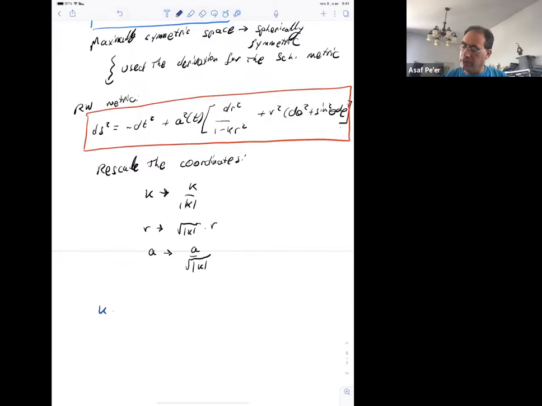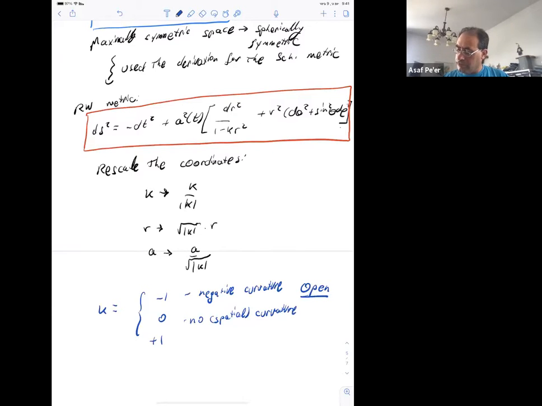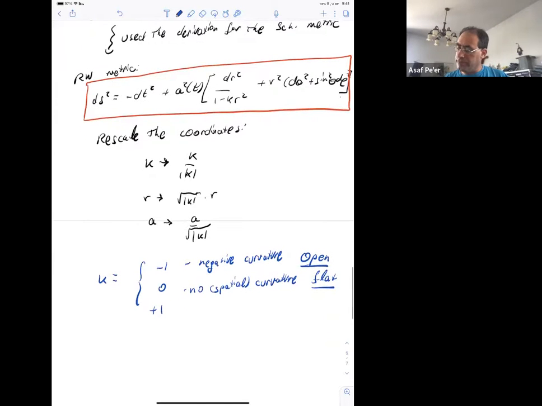So k can be really -1, 0, and +1. -1 is called a negative curvature, or open. 0, of course, no spatial curvature, or flat. And +1 is called a positive curvature, or positive spatial curvature.